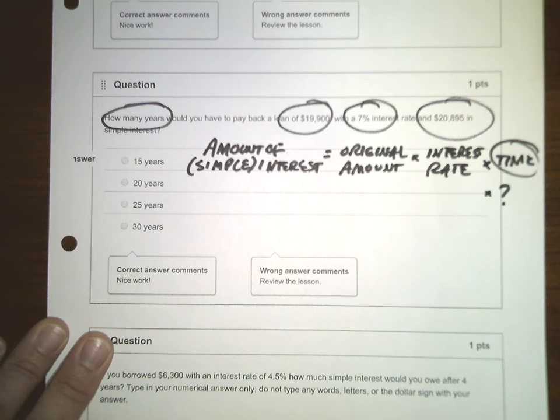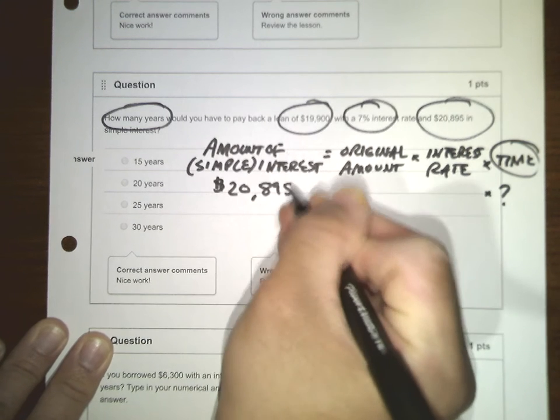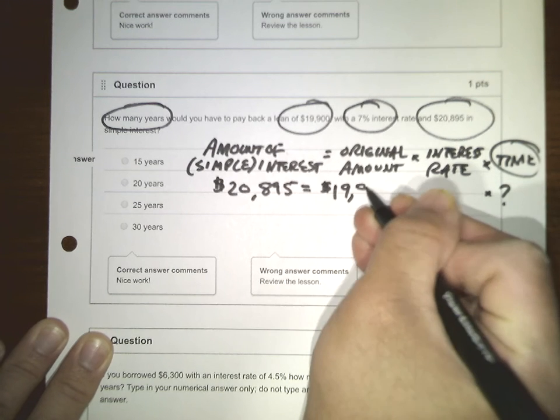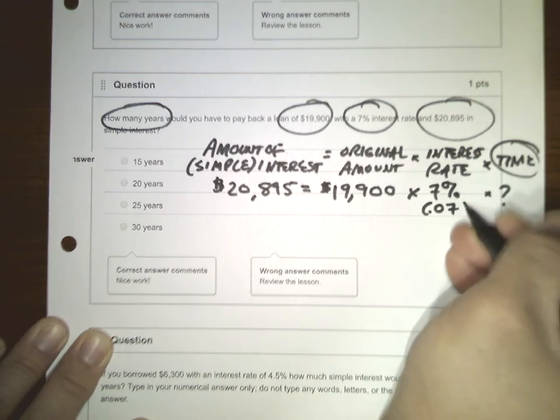But the amount of the interest they told us was $20,895. The original amount $19,900, and the interest rate is 7% or 0.07.